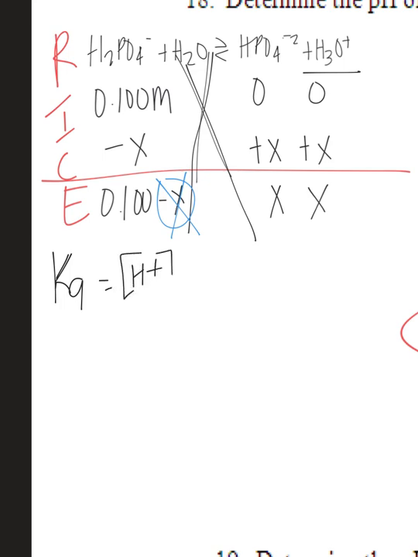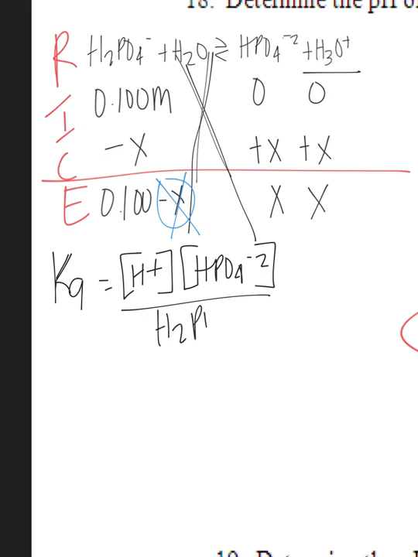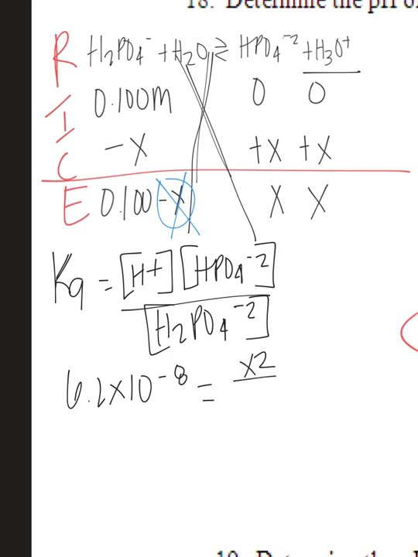And I got H plus, HPO4 2 minus, and then H2PO4 minus. Okay, and then I just plug in what I know. So I know Ka, and I have that.